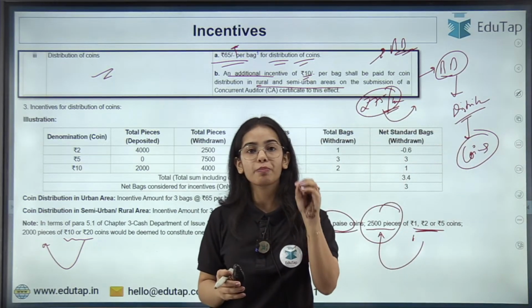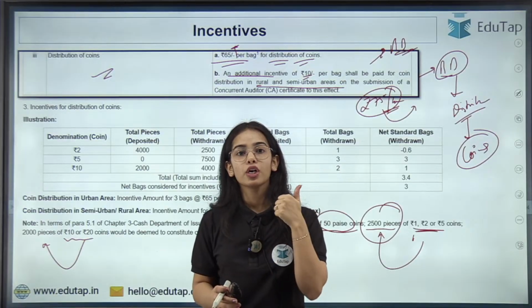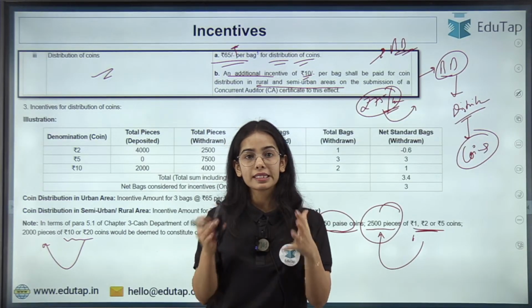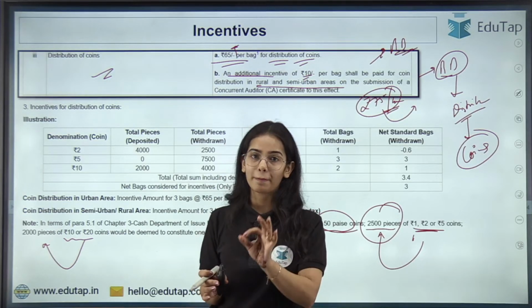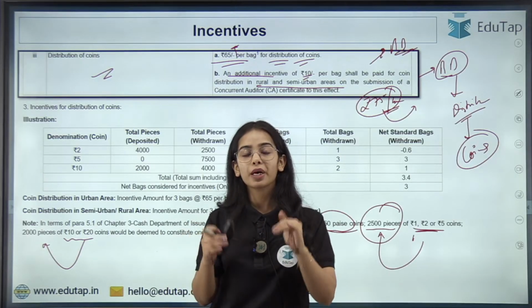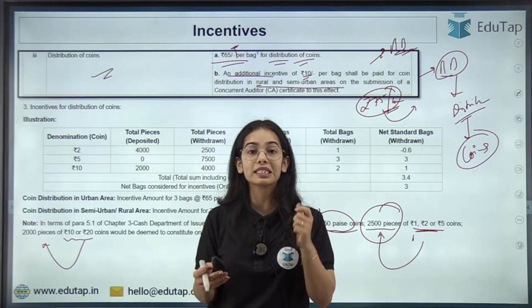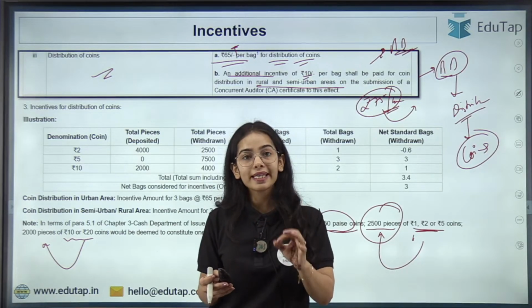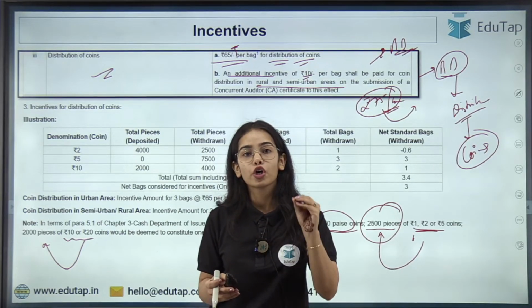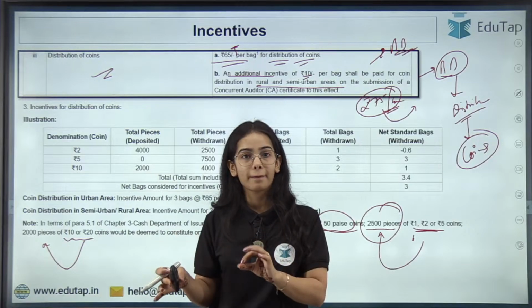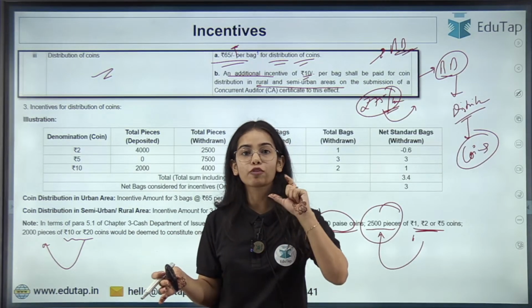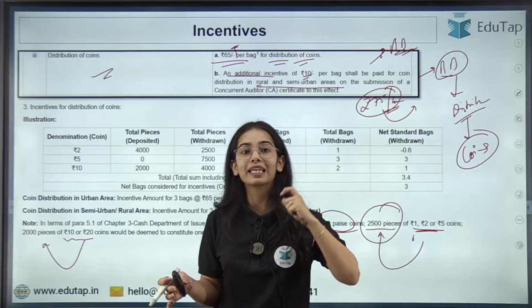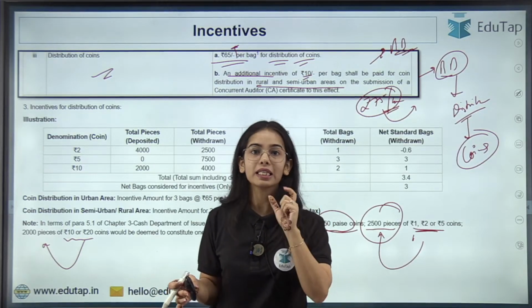So basically, if a bank branch is distributing the coins, they will get the incentive of rupees 65 per bag. But if the bank branch is distributing the coins in the rural or semi-urban areas, then they will get the incentive of rupees 75 per bag of coin. So remember that for the rural and semi-urban area, there is the additional incentive of rupees 10 that is allowed.